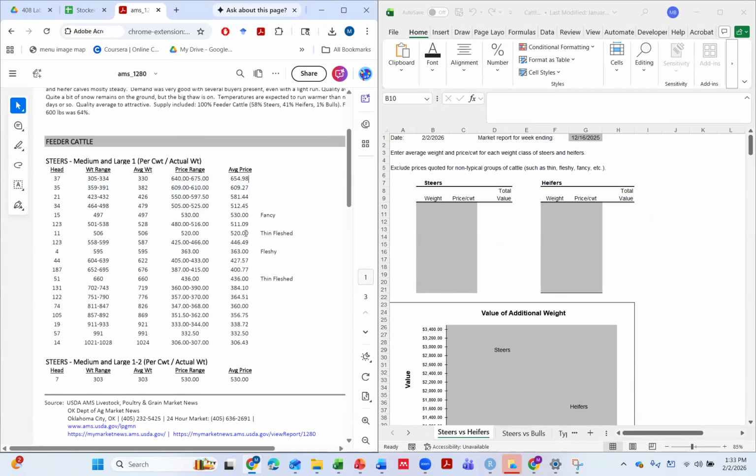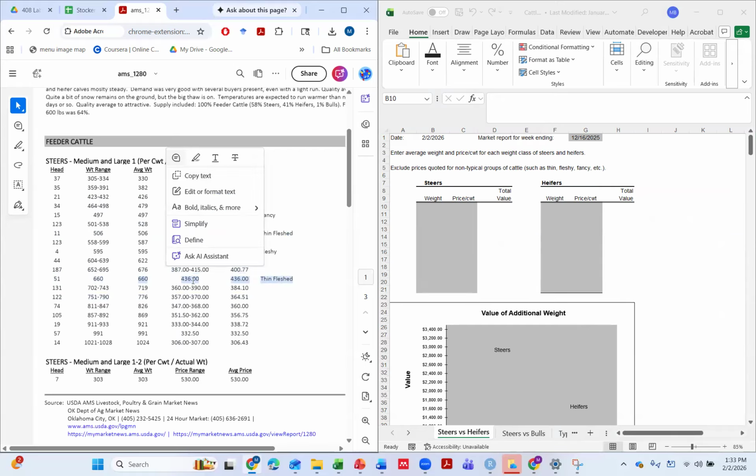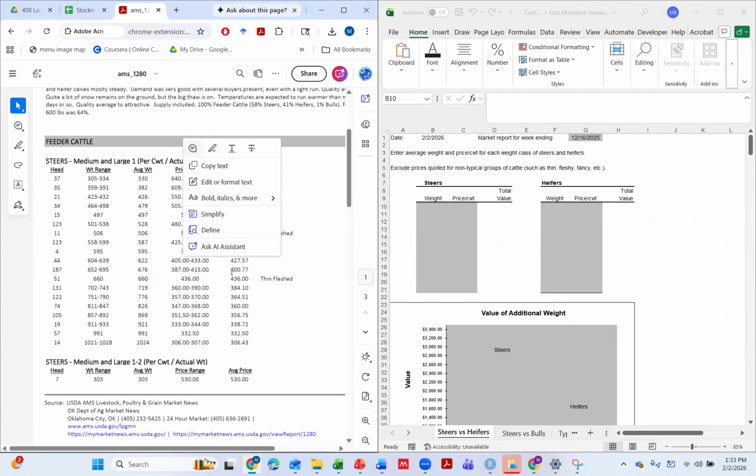Okay. Thin flesh will also receive a little bit of a premium relative to the non-designated groups of animals.